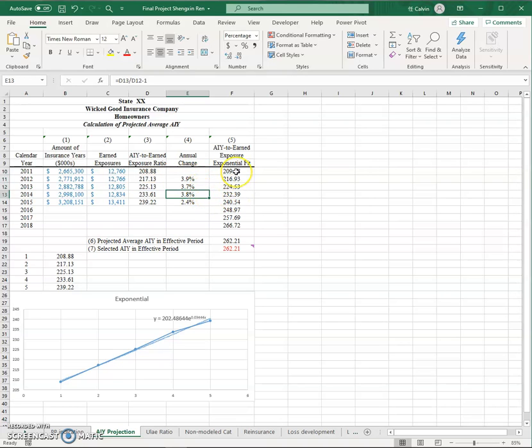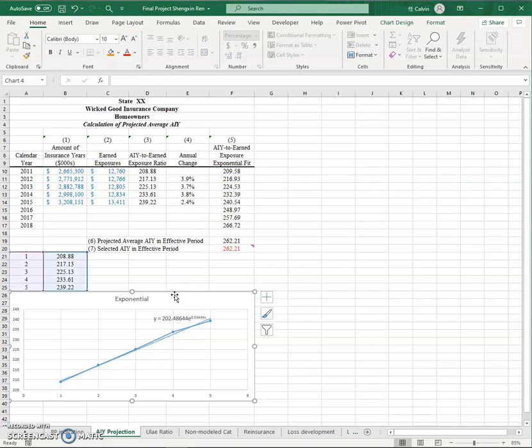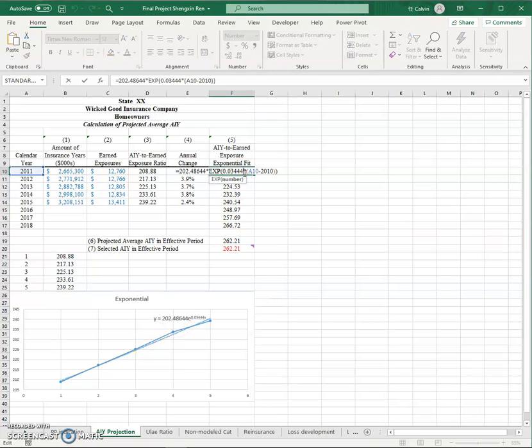Same. As for the AIY to earned exposure exponential fit, I first insert a graph, and based on the function, I get this formula, and I can forecast even 2016 to 2018.